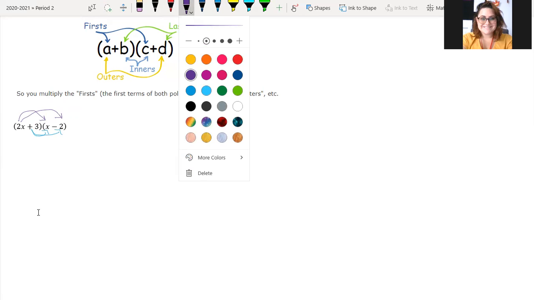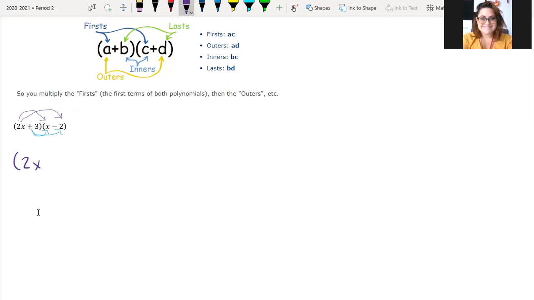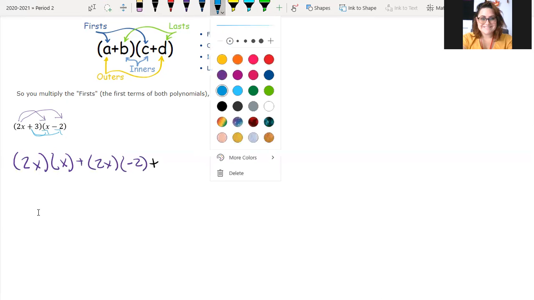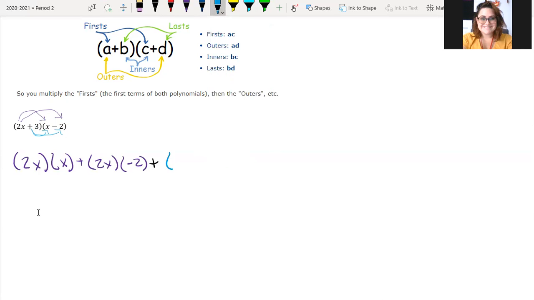So when we move our 2x, we would have 2x times x, and we would have 2x times negative 2. When we do our second set, we would have 3 times x and 3 times negative 2.